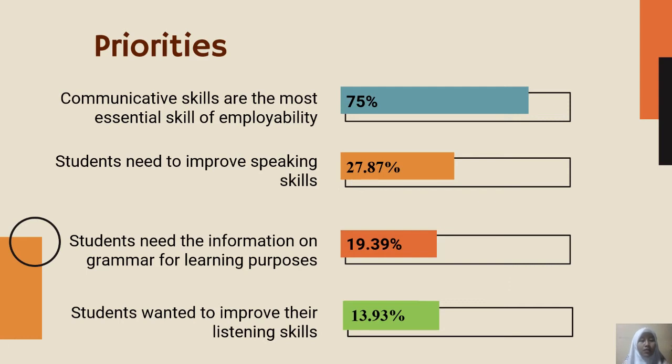Another student also gave a response that students need the information on grammar for learning purposes. However, the English learning process has already been divided into four skills, but the information on grammar is also needed for the student. It relates to writing skill and also speaking skill.